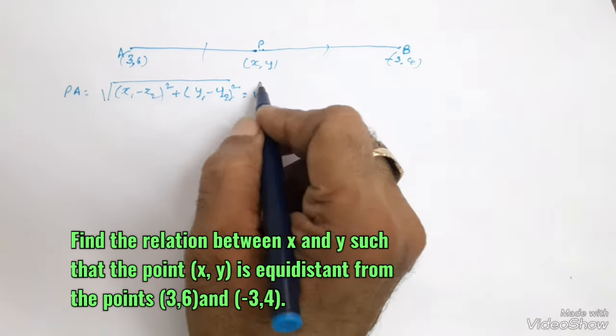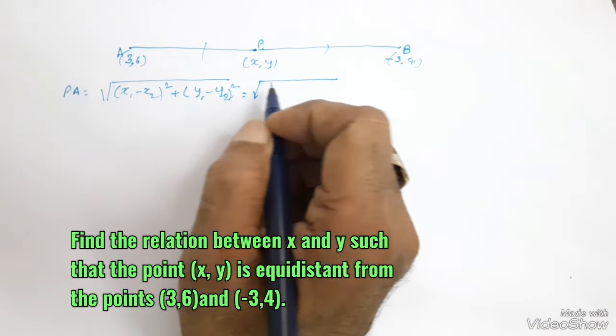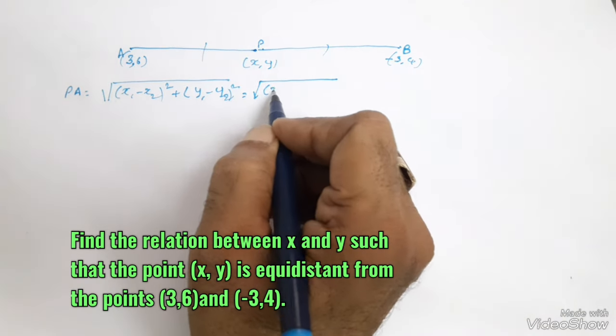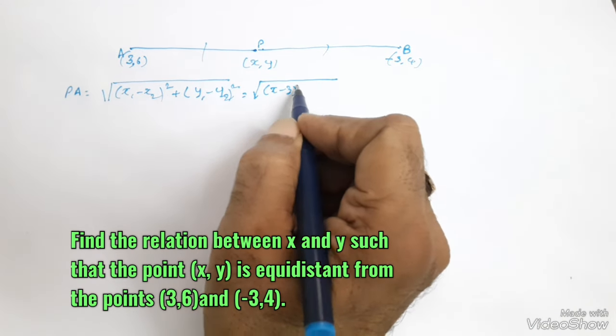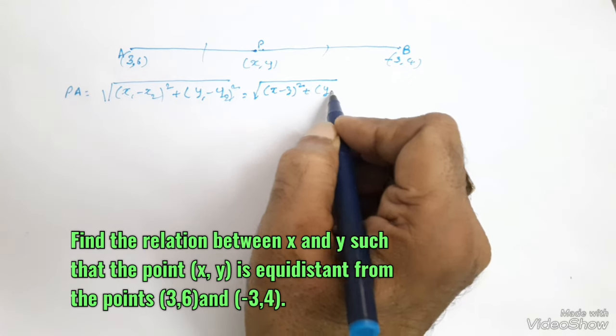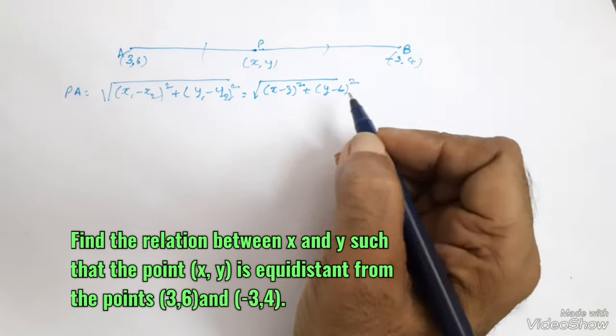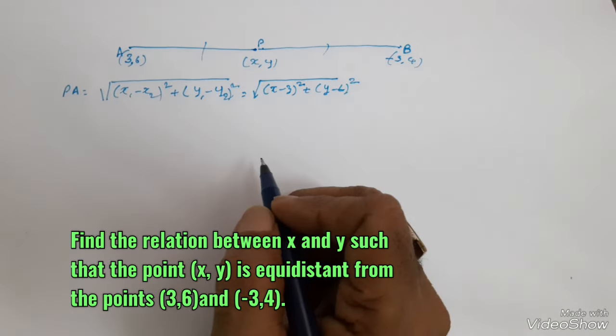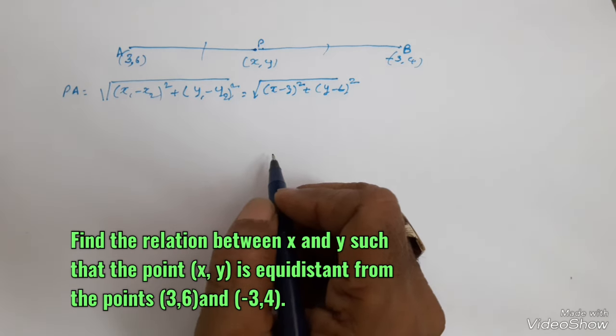Then we get the square root of (x minus 3) whole square plus (y minus 6) whole square. That is the length of PA.